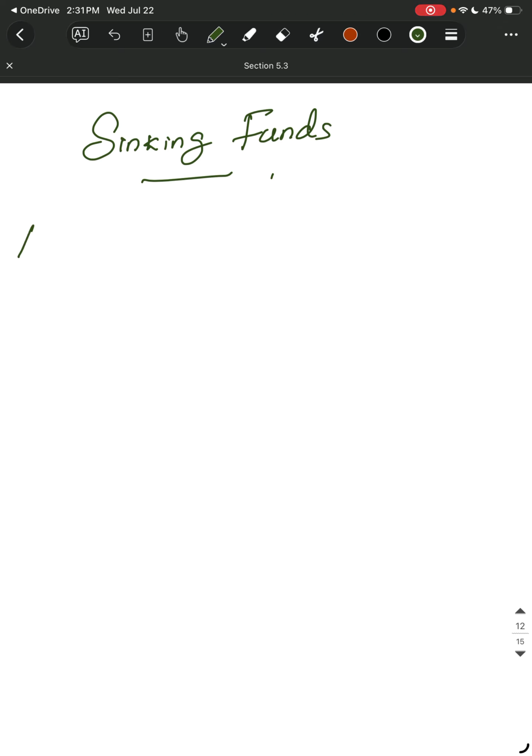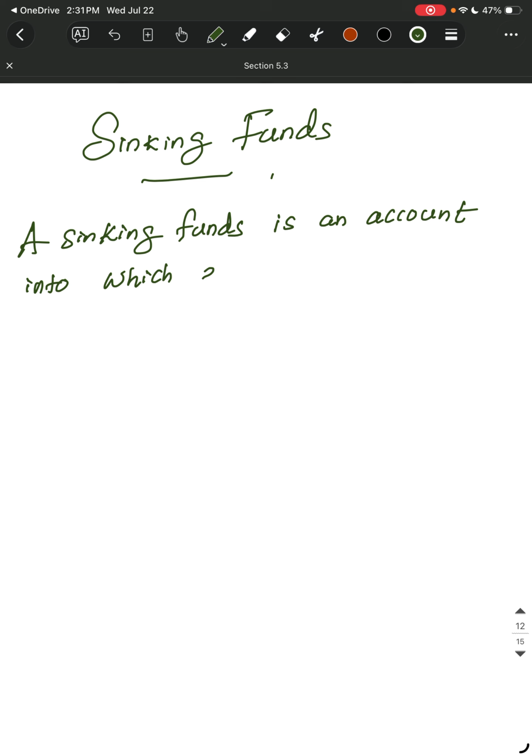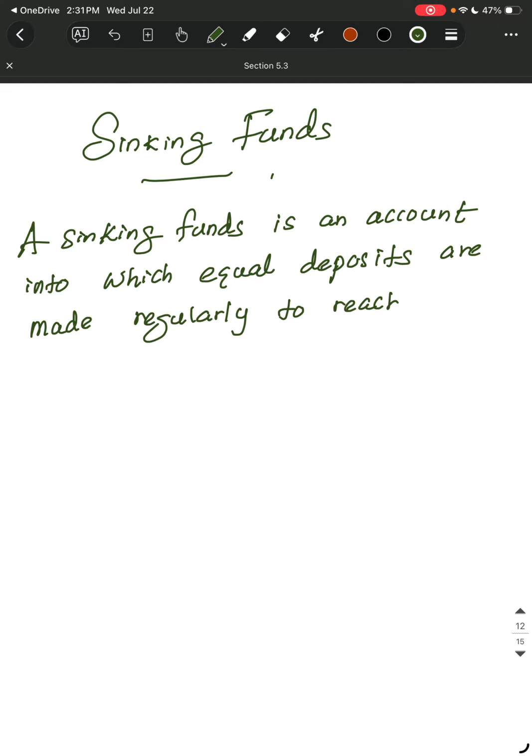So a sinking fund is an account into which equal deposits are made regularly to reach a future financial goal.